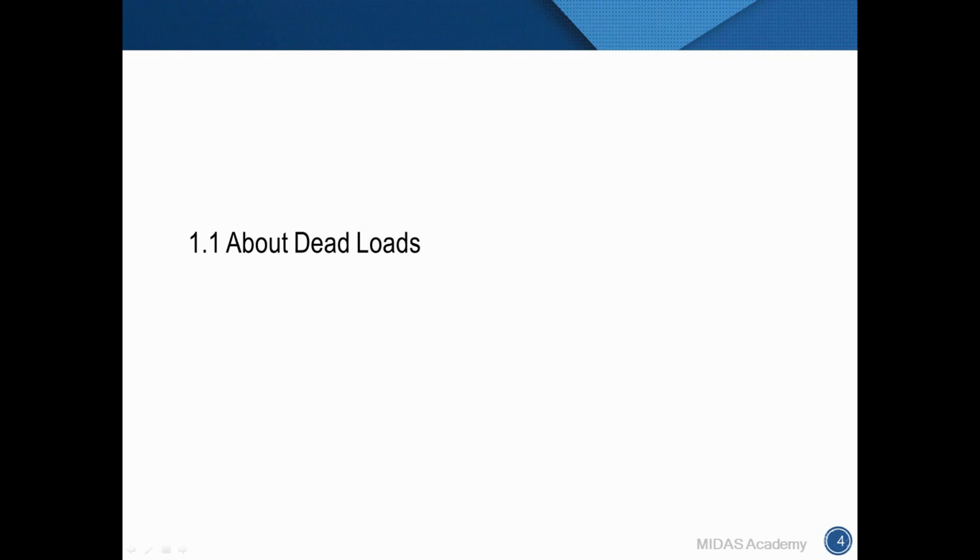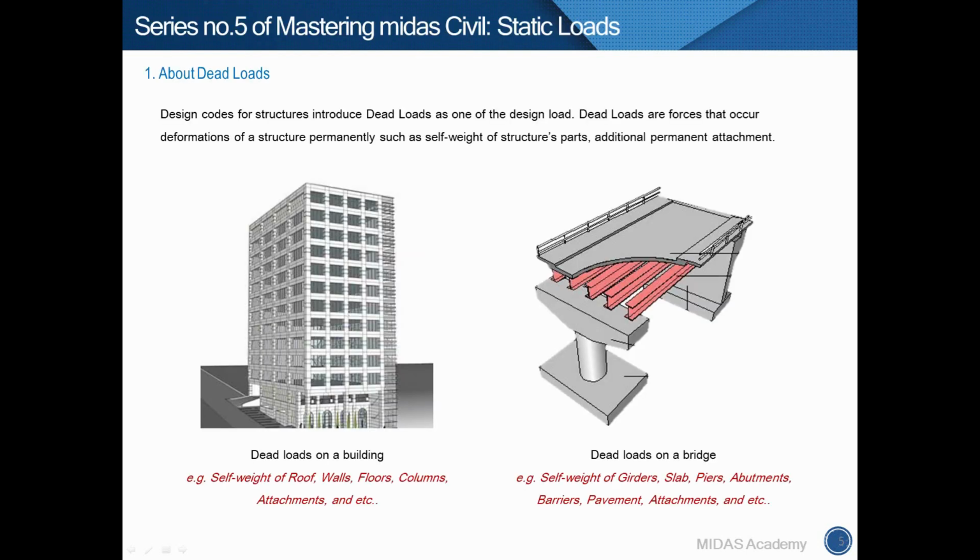What are dead loads? The dead load is one of the design loads in several design codes for structures. The dead load is the load that makes permanent deformations at structures during service period. The weight of structures or attachments on structures are common cases of the dead load.